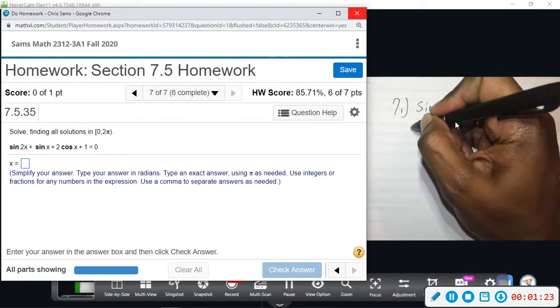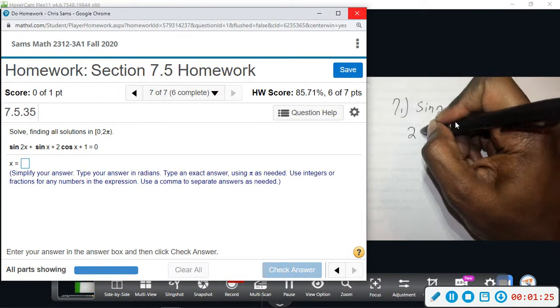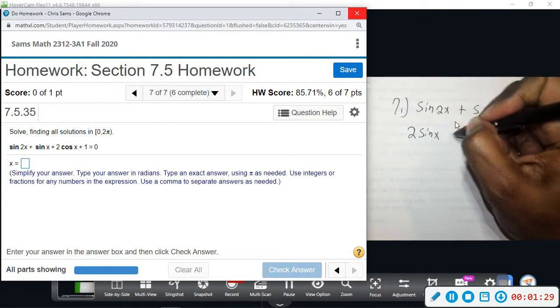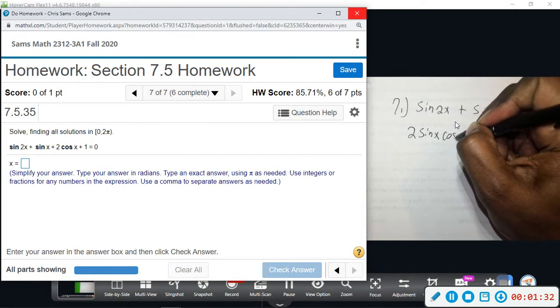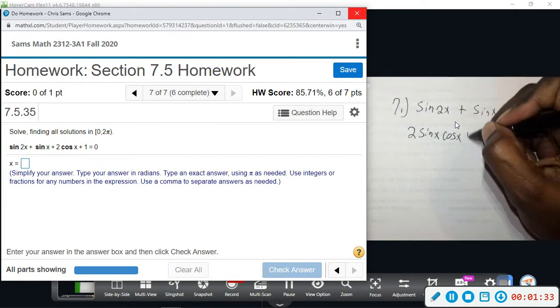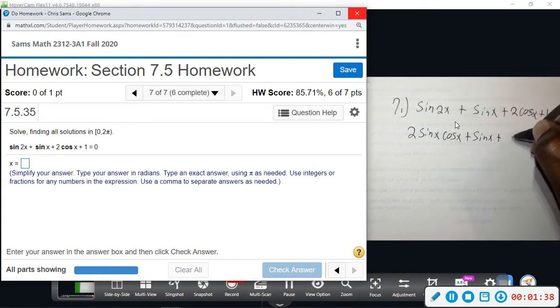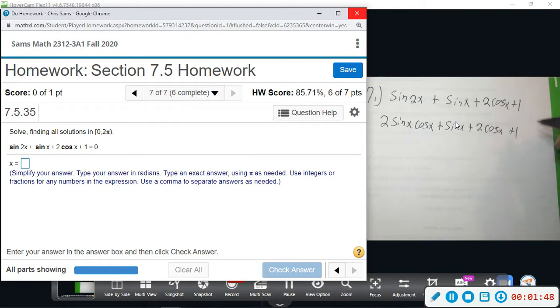So this is going to be 2 sine x cosine x plus sine x plus 2 cosine x plus 1 equals 0.